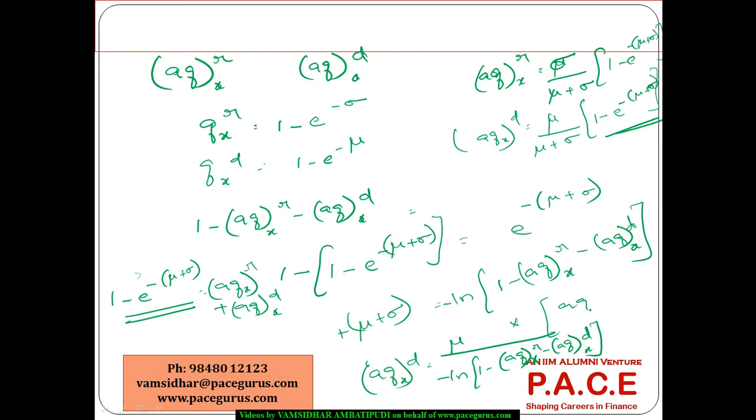I'll put it as minus log of 1 minus aqx of R minus aqx of D. I'll get it as aqx of R plus aqx of D. So I am able to find aqx of D in this particular form. So from here I'll get the value of mu. Mu comes out as aqx of D times minus log of (1 minus aqx of R minus aqx of D) divided by (aqx of R plus aqx of D). So this is what I am getting my mu as.